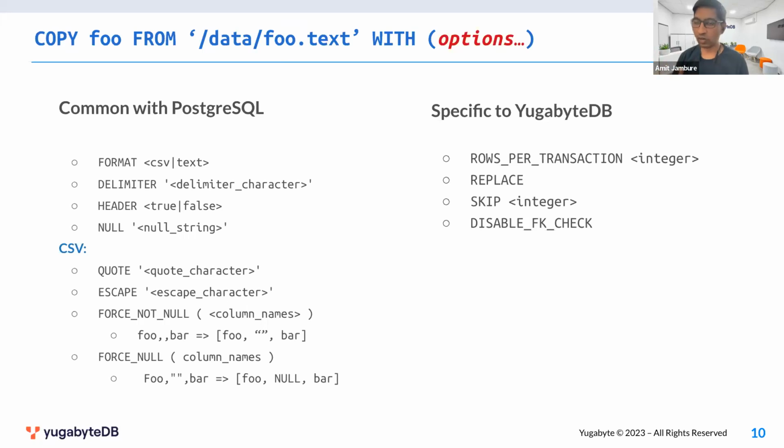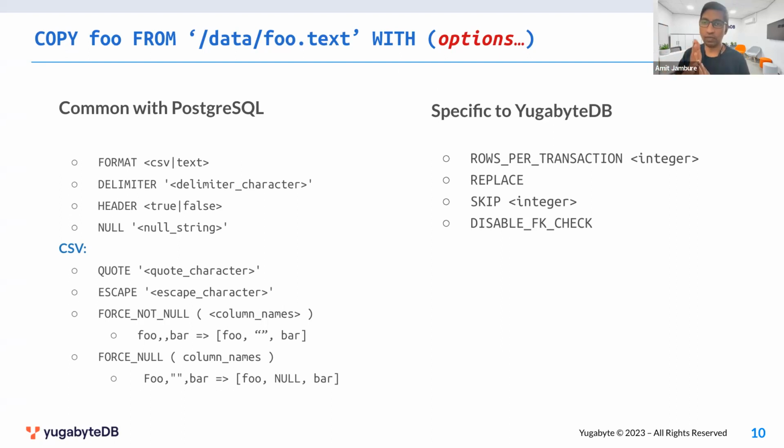But that's not the case with Yugabyte, in implementing distributed transactions. Here it proceeds in chunks. For example, by default, the value of rows per transaction is 20,000. If you import a file containing 100K records, it will first import the first 20K records in one transaction. Once that is complete, it will proceed to the next 20K records.